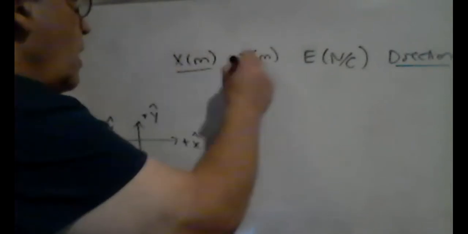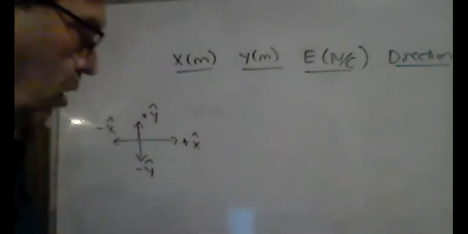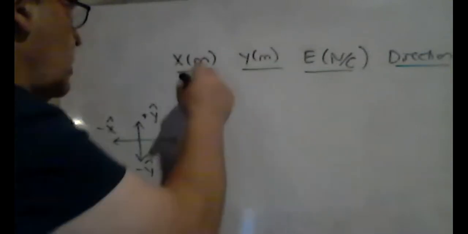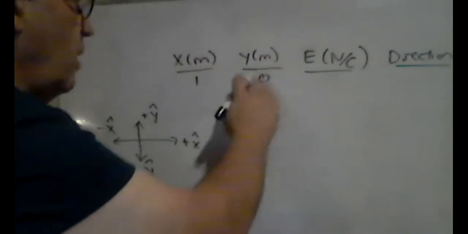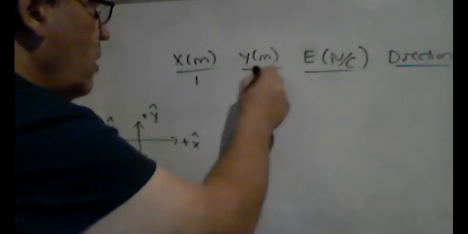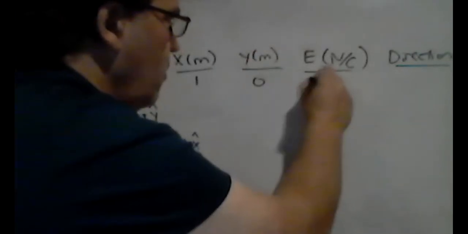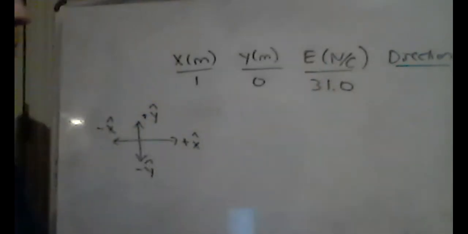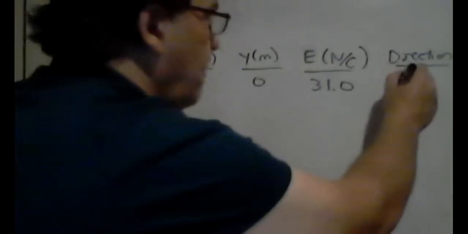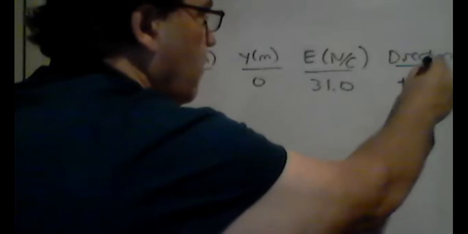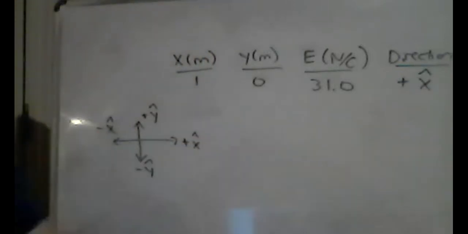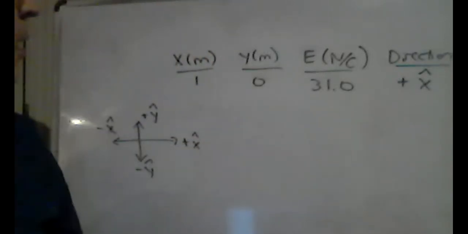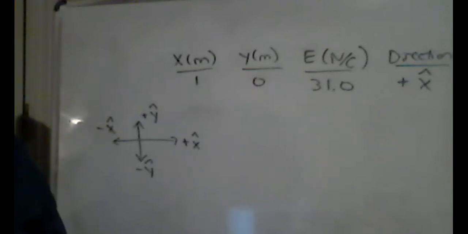Well, on that first row, according to what I just showed you, I say 1, 0. They gave that for you. What was it? 31.0 volts per meter, newtons per coulomb, whatever we want. What's my direction? Plus x hat just means to the right. And so I put that down as my first data.